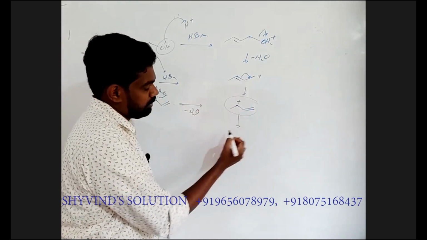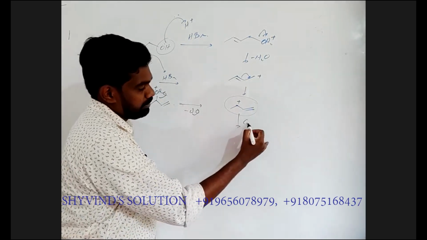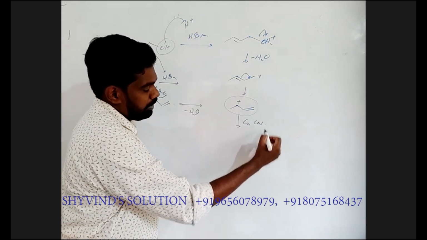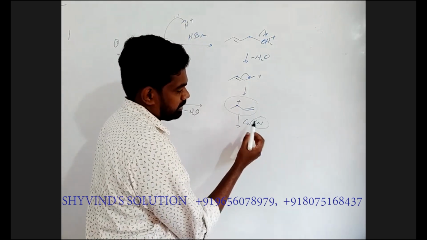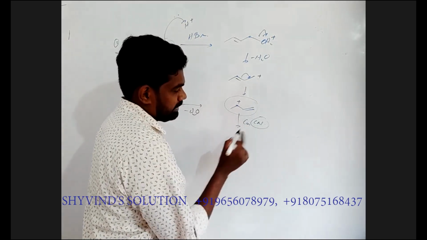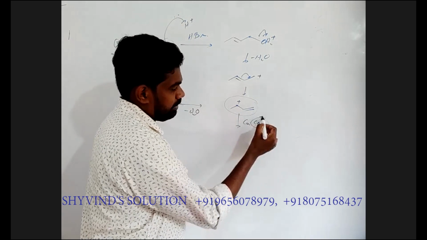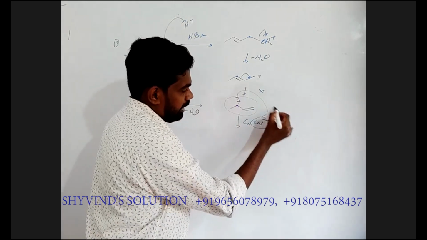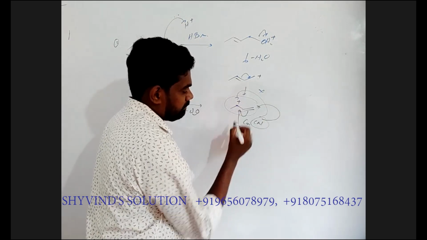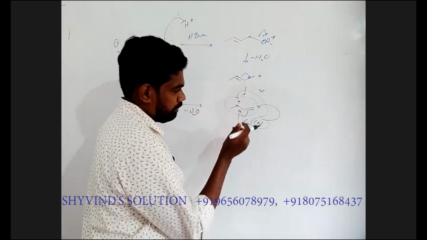So here onwards, we are treating this one with CuCN. Okay, CuCN is the reagent. So we have CN minus. If we have a molecule like this, it will not attack like this. This is the wrong way. It will be like this. Okay, this will give you the major product. We have two choices here.